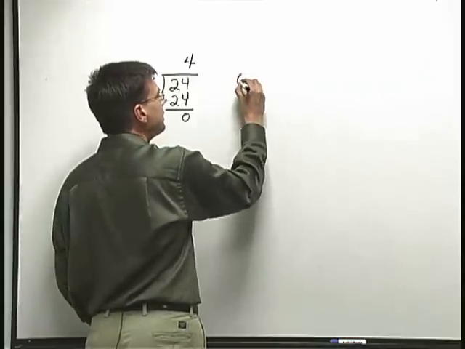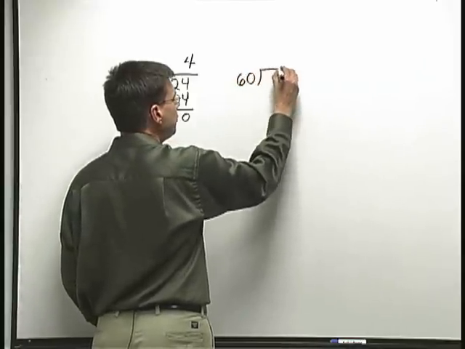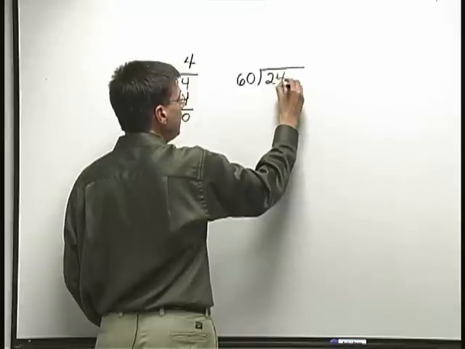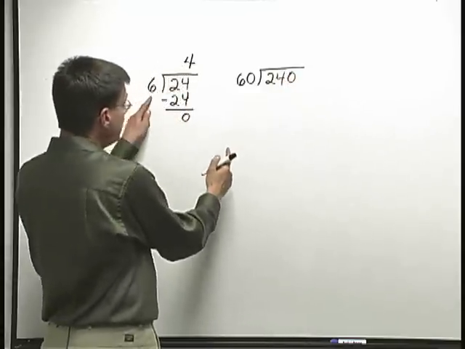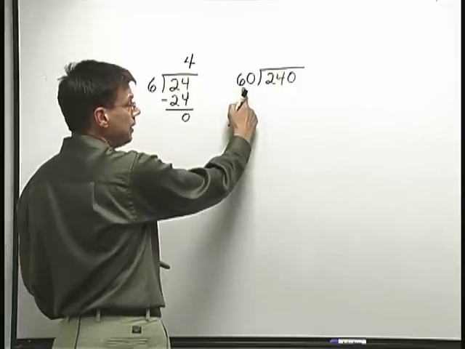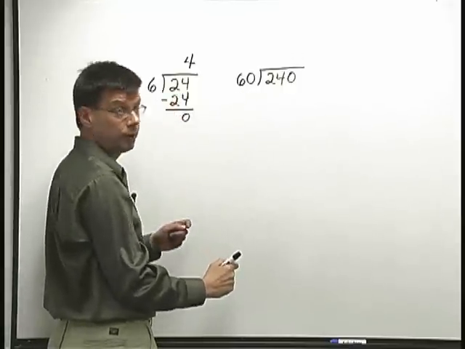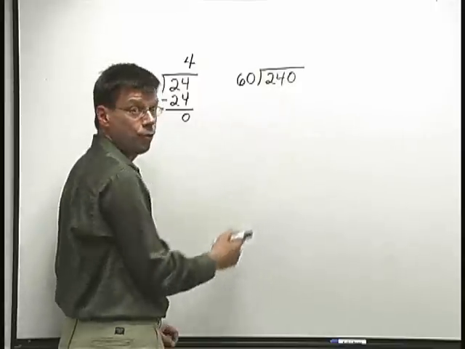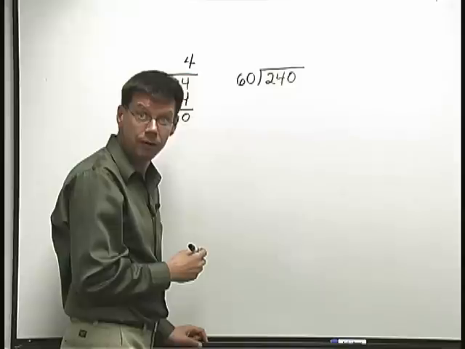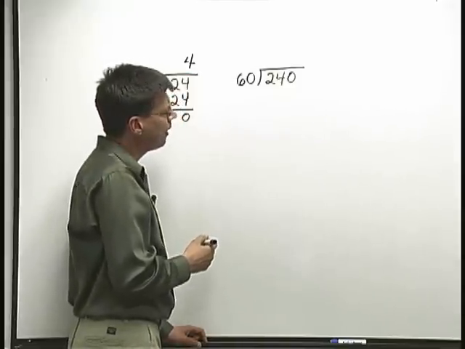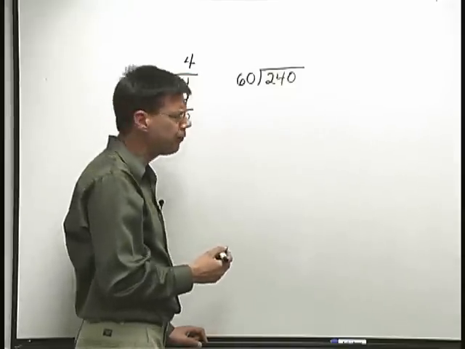I'm going to write 60 into 240. It's similar to the one we just looked at, but instead of 6 in front, I wrote 60. Instead of 24 inside, I wrote 240. 60 is a lot bigger than 6. 240 is a lot bigger than 24. But how many times does 60 go into 240?